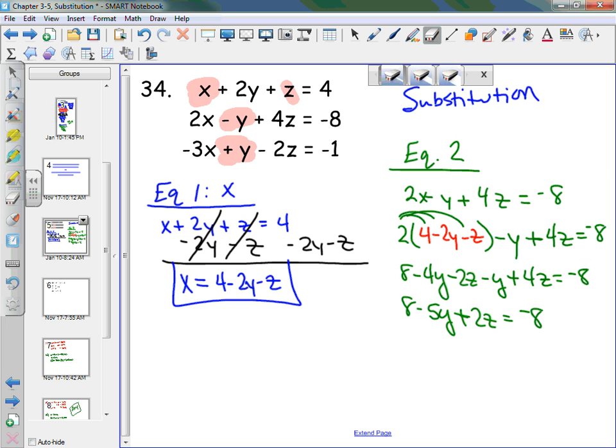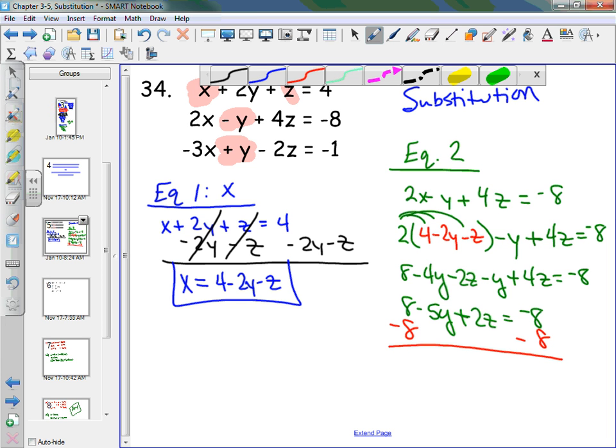I should subtract this 8. So if I subtract that 8, I'm left with negative 5y plus 2z is equal to negative 16. We good?